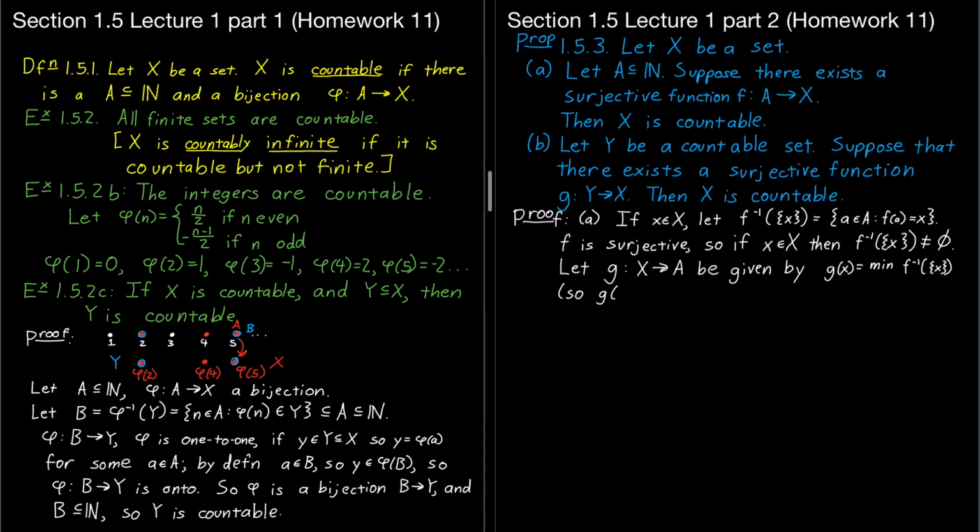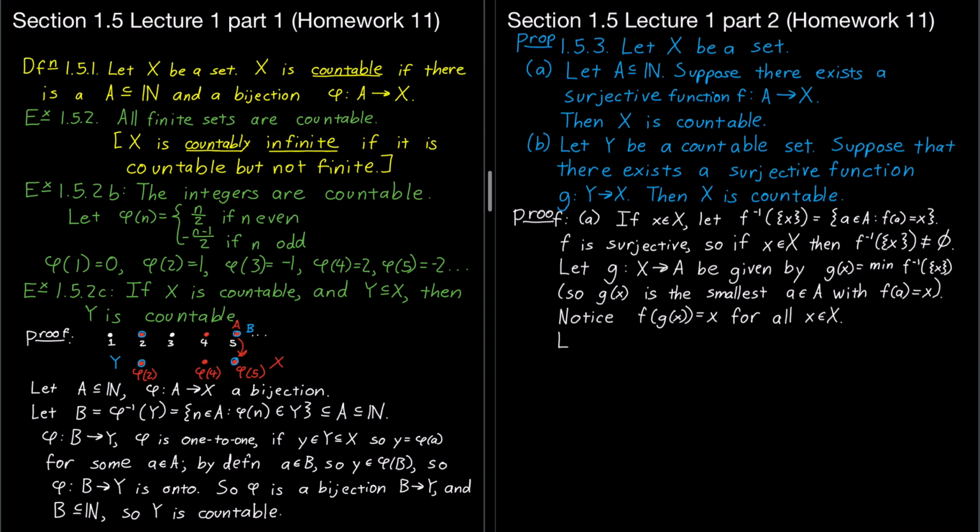So g of x is the smallest a in A with f of a equaling x. Then let's notice f of g of x equals x for all x in X.